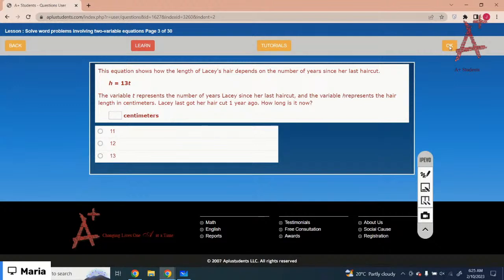So basically you have to plug in the value of T, that is 1. Got it? So just replace the variable in the equation with the value. 13 times 1 is 13. So the correct option is 13.